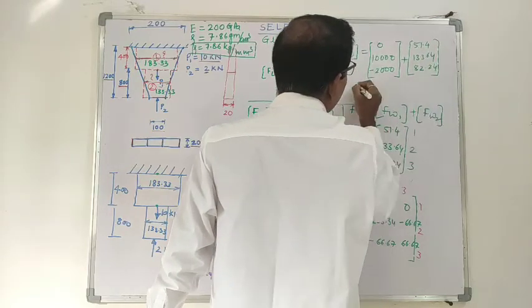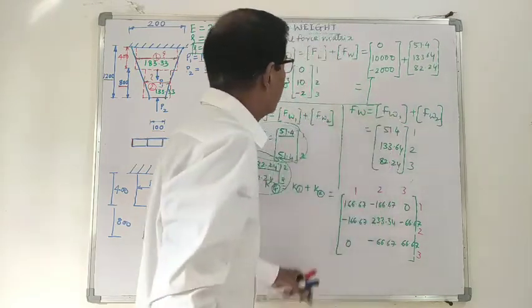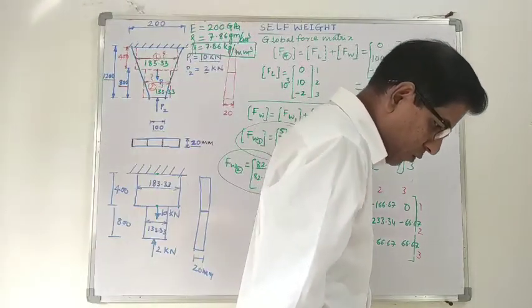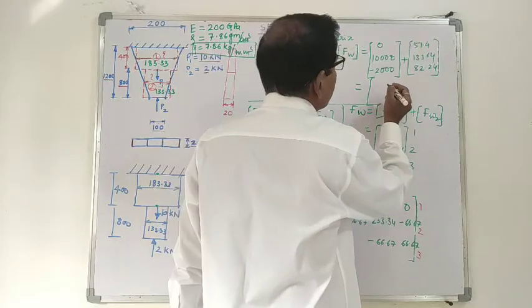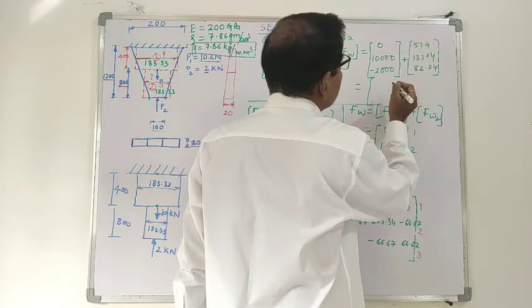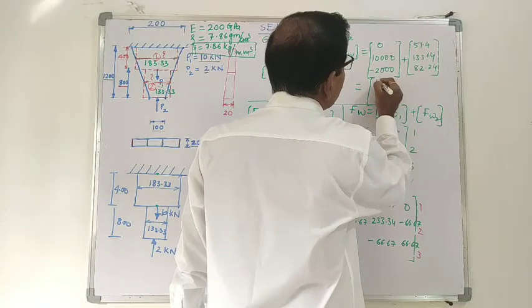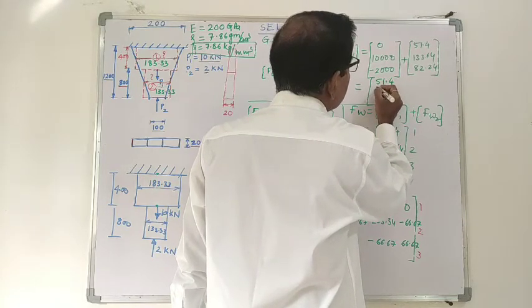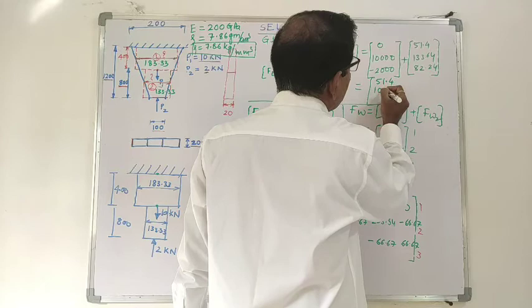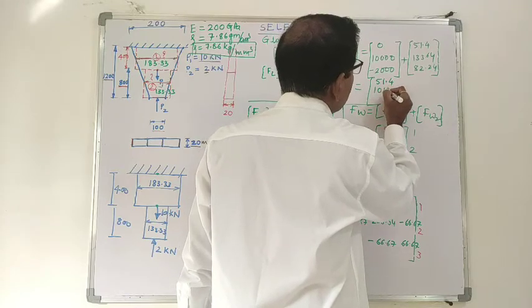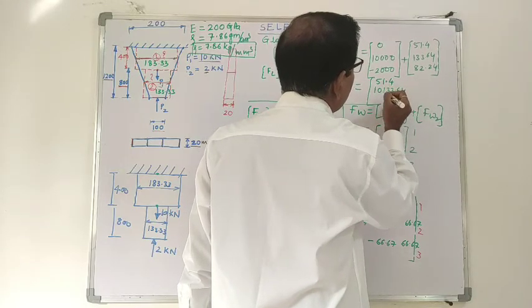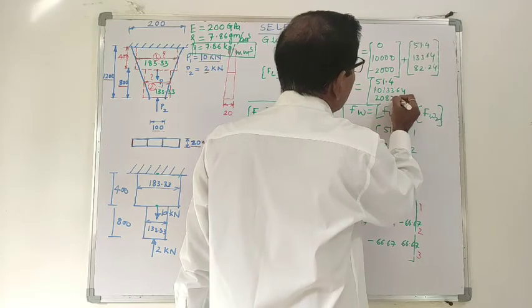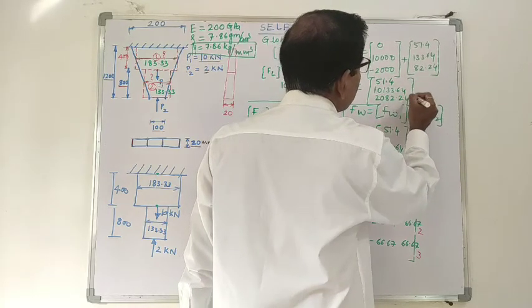If you add, you will get the global force matrix, which is equal to 51.4, minus 10,133.64 and 2082.24. This is in Newton.